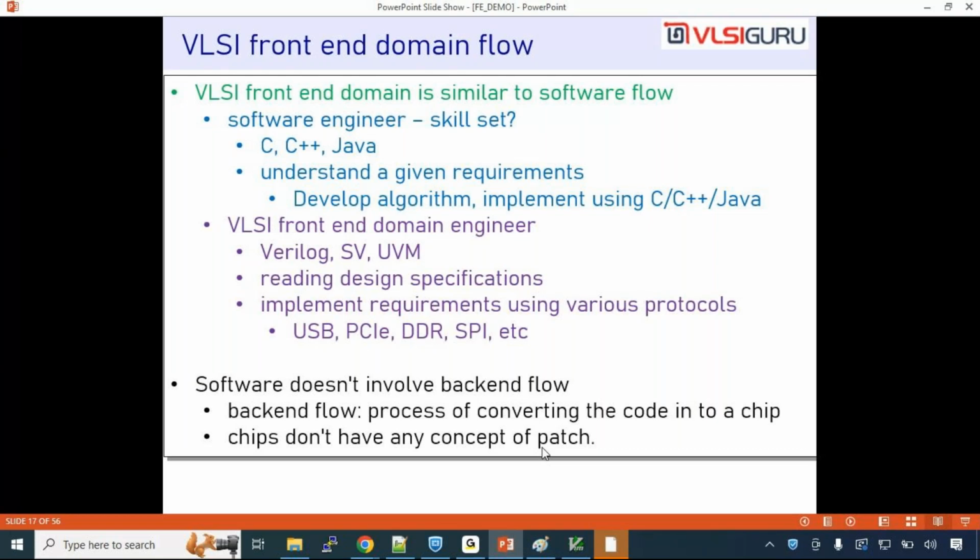Software bugs can be fixed and are not very critical. But in hardware, they are very critical. Once a bug happens in a mobile phone chip, the chip cannot be used at all. If a chip has a bug, you cannot have a patch. In software, they release a patch and fix the bug. But in hardware, there is no concept of a patch. So it has to be fixed once and for all.